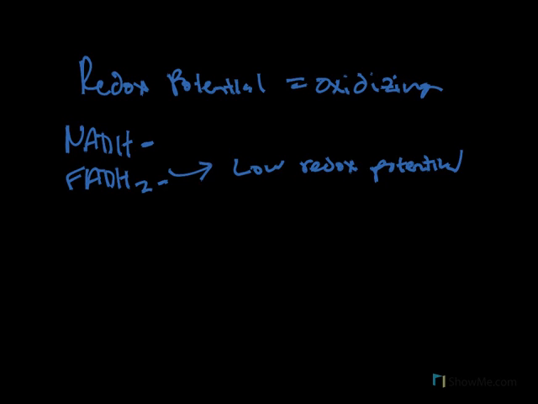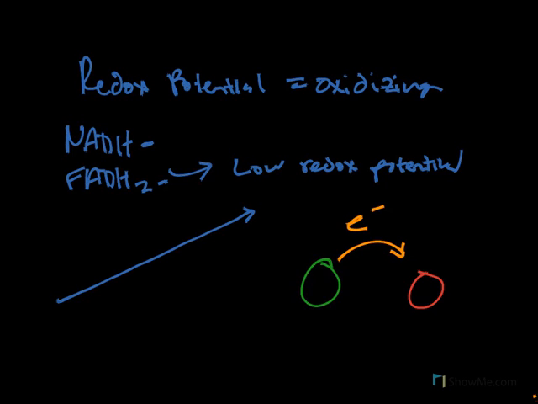And that's really important when we're talking about electrons traveling through the electron transport chain, because each carrier that we pass our electrons on to, in whatever path we're doing it, the NADH path or the FADH2 path, we're going to have an increase in redox potential. So what this means is the molecule that we are handing off electrons to, say we're handing off electrons from this green circle to this red circle, that means that this red circle is going to have more desire for these electrons.